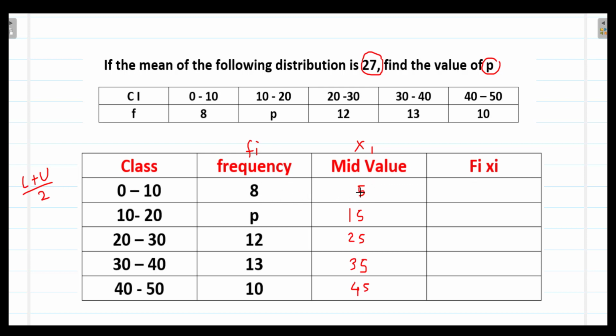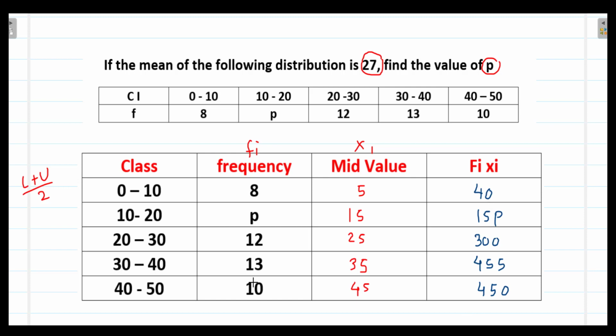So let us take these products. 8 5s are 40, then 15 into p, that will be 15p, 12 into 25, that will be 300, and then 13 into 35, that will be 455, and then 45 into 10, take the product of this 2, it will be 450.